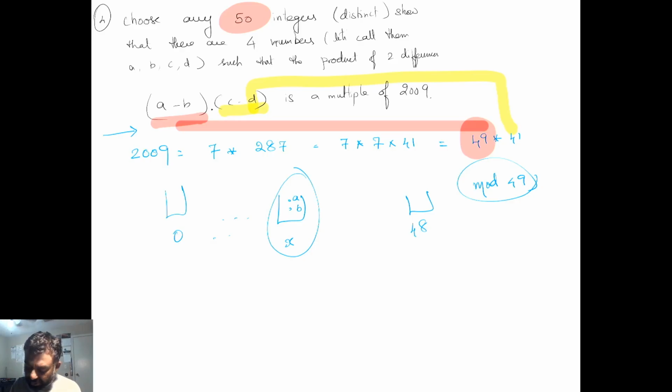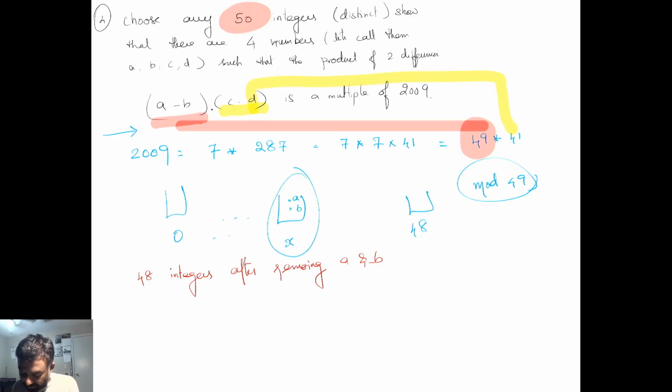Now what I'll do is I'm going to ignore the A and B. Look at what is remaining. So I have at this point 48 integers after removing A and B. Now look at the problem.